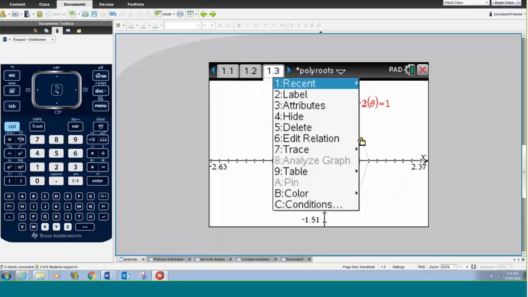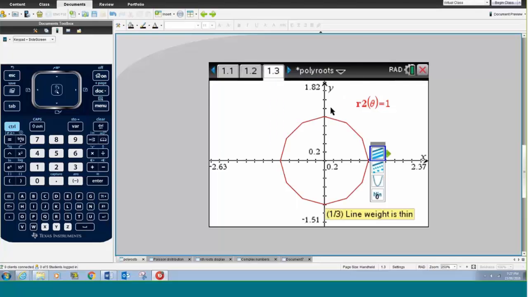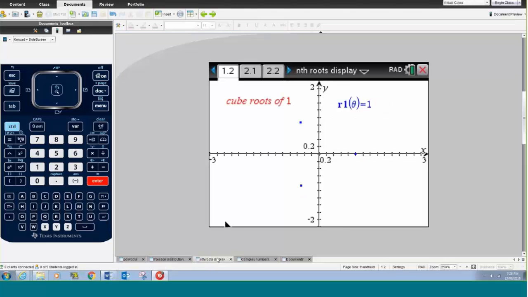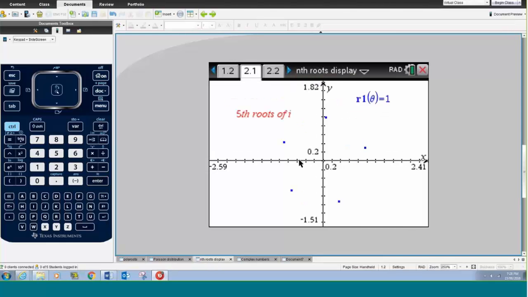Now if I right-click, open the student's control menu and go to attributes, and change the graph to discrete, I get the actual cube roots as I've shown. If I want to find other roots, for the fifth root I would divide 2 pi by 5, but the first one is the root which the students actually need to calculate.